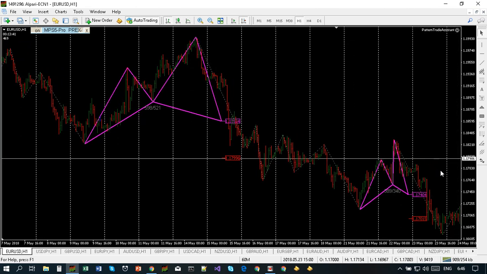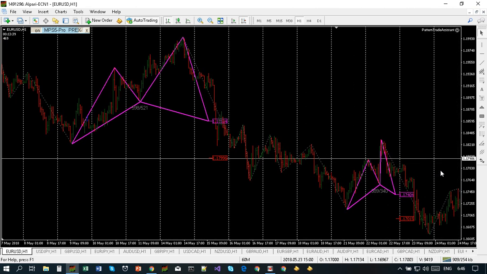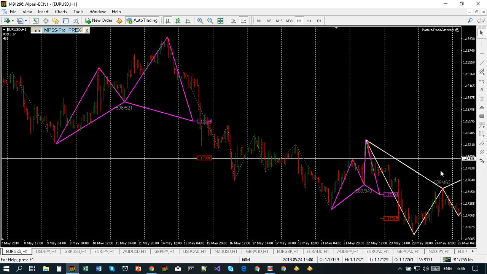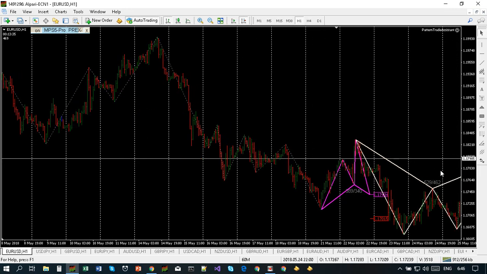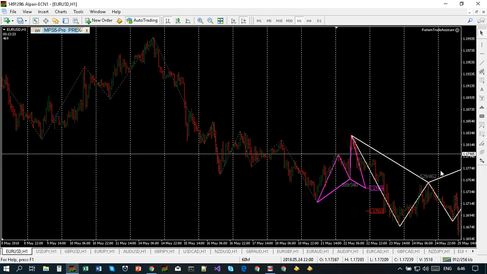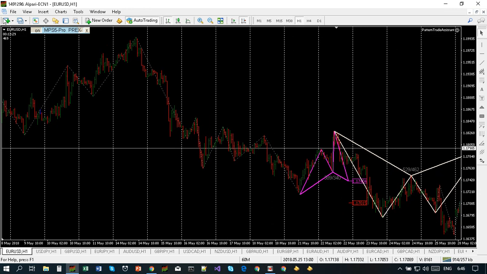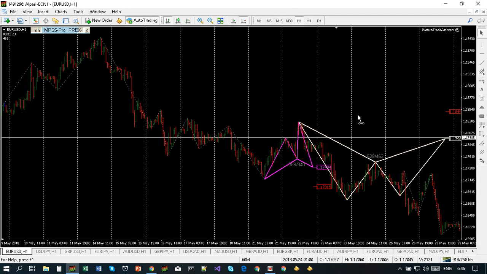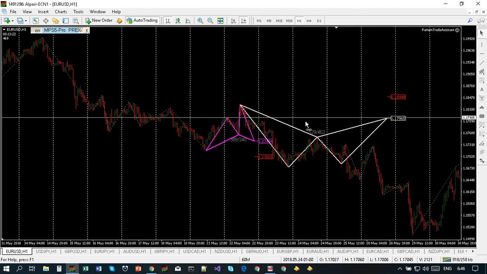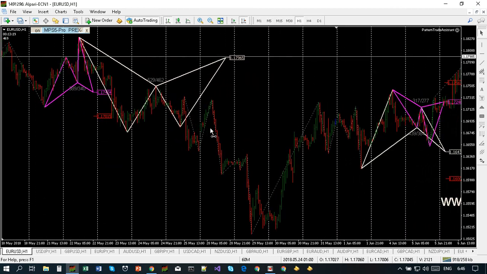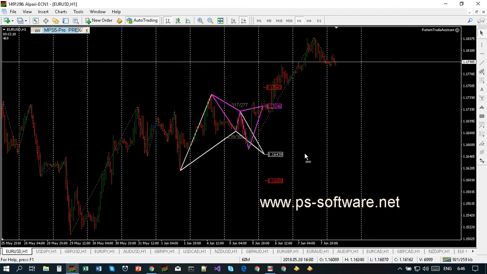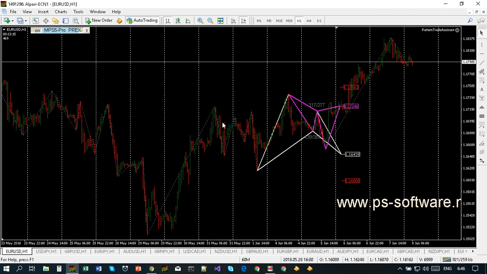Now the potential unified Gartley is drawn, but if it is invalidated, it will disappear. So you can see right now it is valid. All the patterns disappear because they are not needed, of course, so as not to draw them constantly on your chart. So you can see that it is not something that is fitting the history, simply watching here.